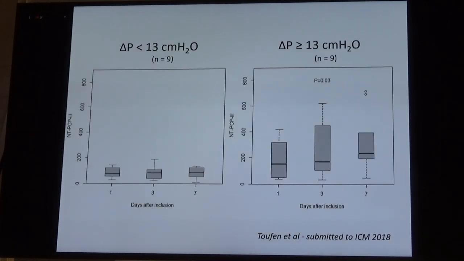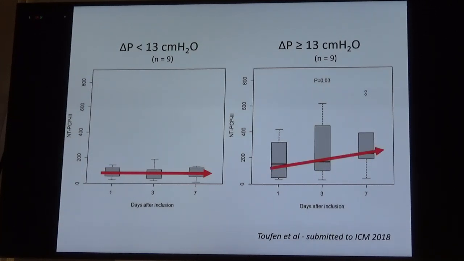And not only this, those that had lower driving pressure, arbitrarily chosen as 13, because this was the median value, didn't have lung fibrosis developing according to samples in the blood and samples in the BAL.